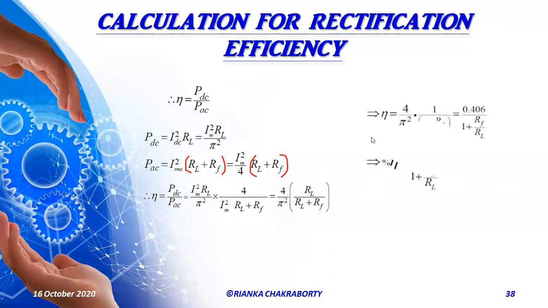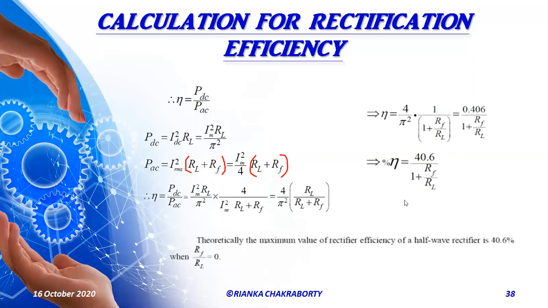If we calculate it, at last we get eta equal to 40.6 by 1 plus RF by RL. Now if RS plus RF is very much less than RL, we can say that the maximum value of rectifier efficiency of half-wave rectifier is equal to 40.6%.